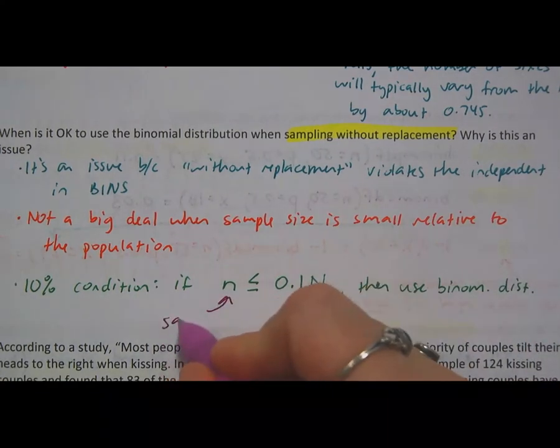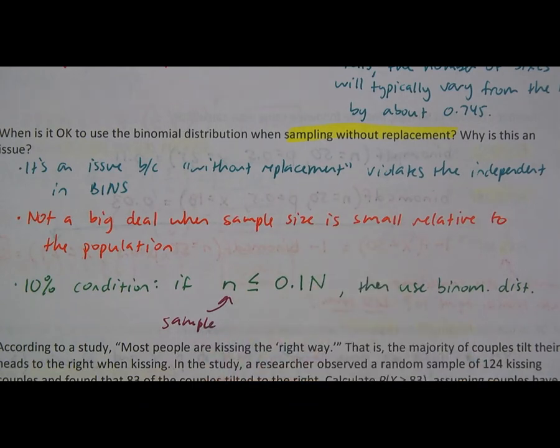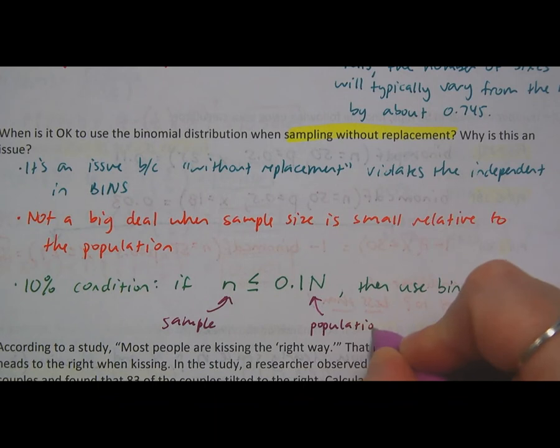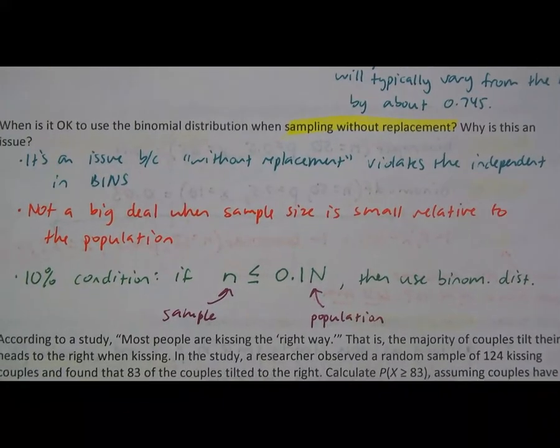Then you're A-OK to go ahead and follow the binomial distribution formulas. And we're going to see that 10% condition show up pretty much the whole spring semester.